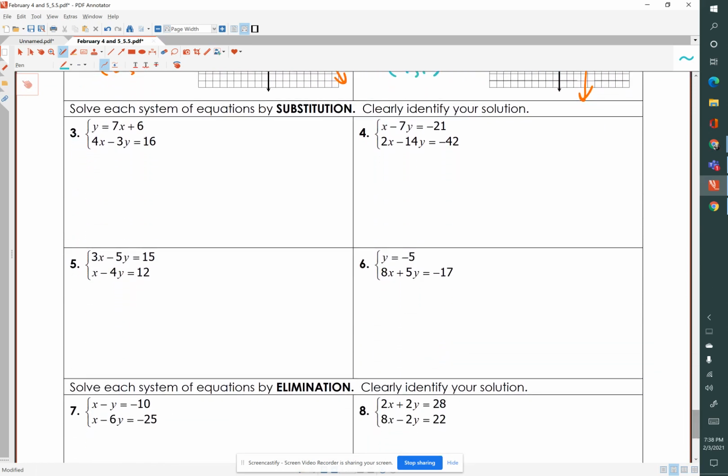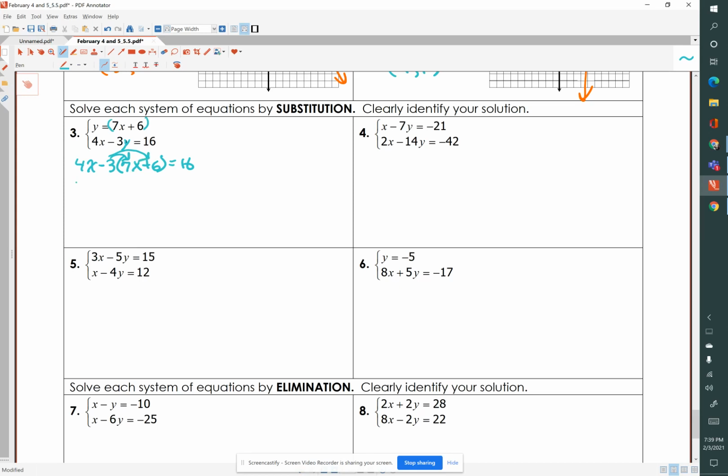So number 3, 4, 5, and 6, we're going to solve by substitution. So we are already solved for y. So we will put 7x plus 6 where y is. So that gives us 4x minus 3 times the quantity of 7x plus 6 equals 16.